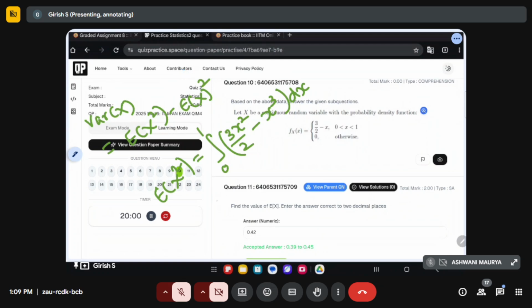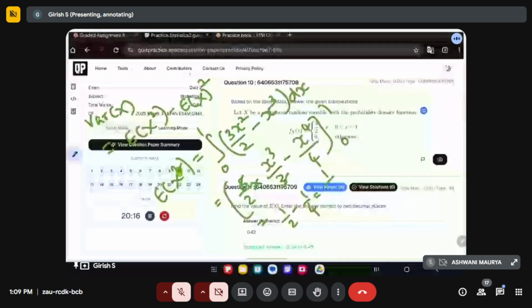So this becomes 3 by 2 into x cube by 3 minus x power 4 by 4, with values from 0 to 1. So this value is nothing but 1 by 2 minus 1 by 4, which is 1 by 4. So expectation of x square is 1 by 4. Now what we want is variance of x.